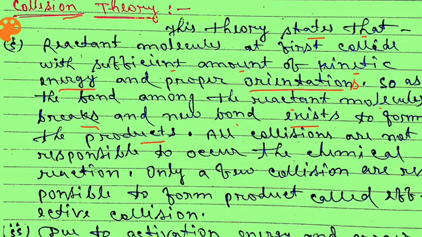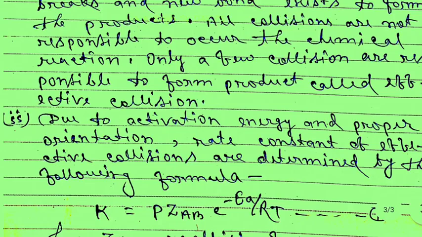All collisions are not responsible for the chemical reaction. Only a few collisions form the product, called effective collisions, which you have read earlier also.